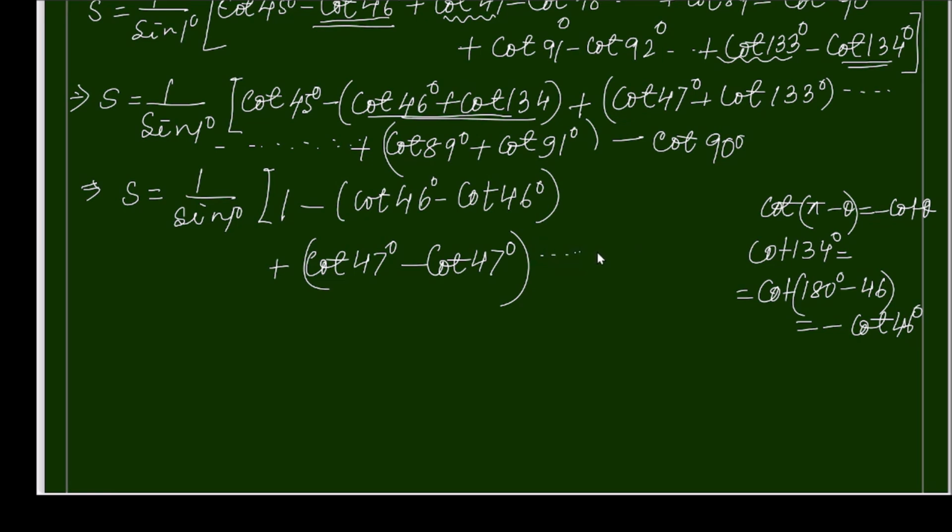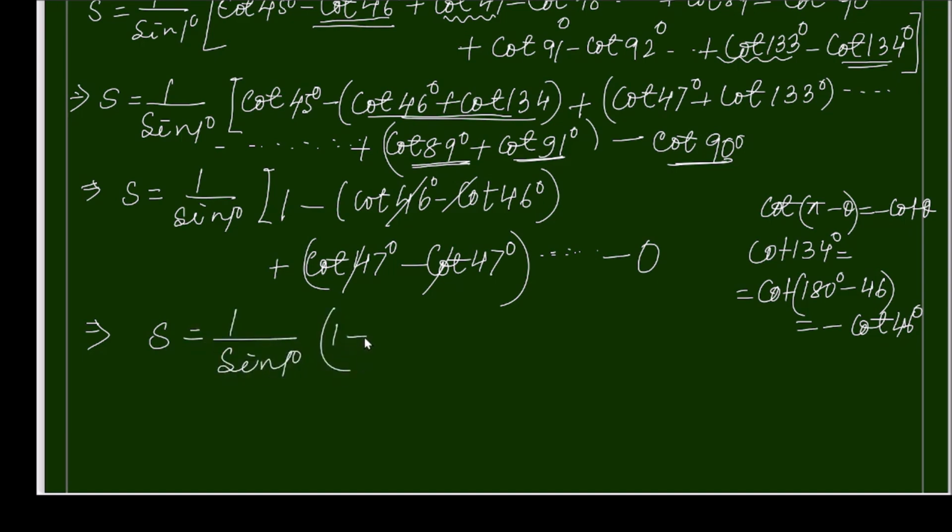The last term, cot 90, will be 0. All the terms get cancelled; cot 89 and minus cot 89 are cancelled. So S will be 1 over sine 1 degree into (1 minus 0), that is 1 over sine 1 degree.